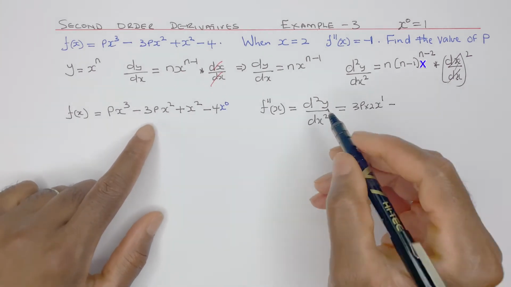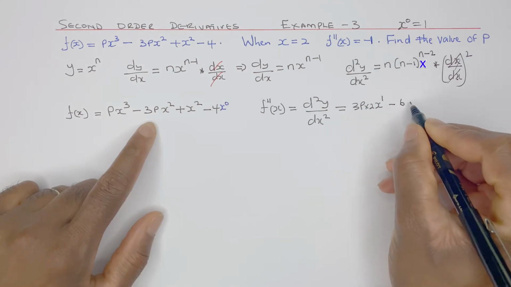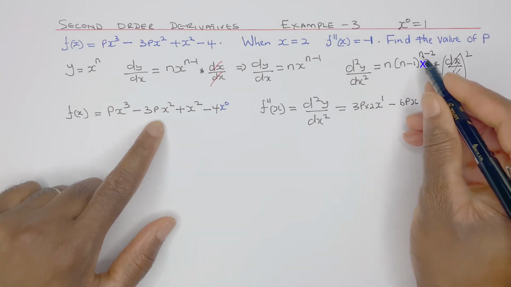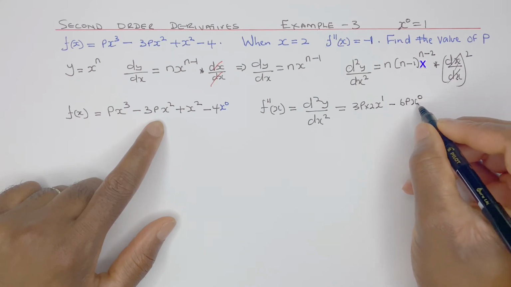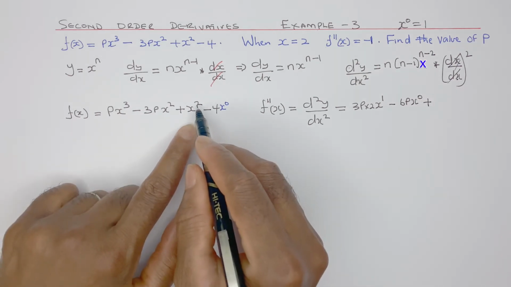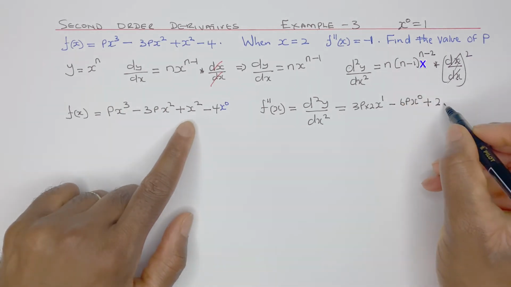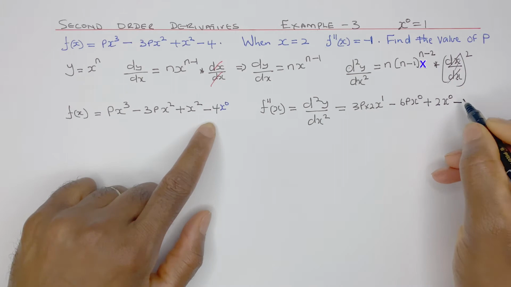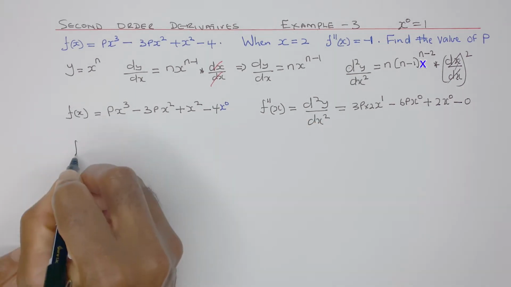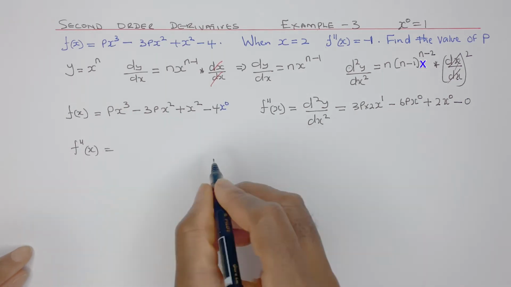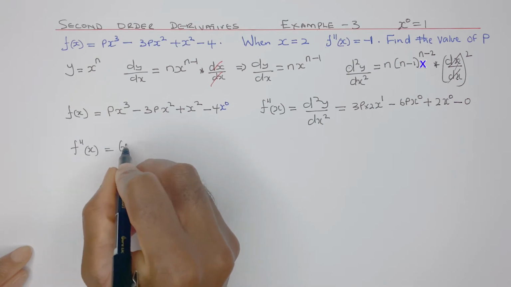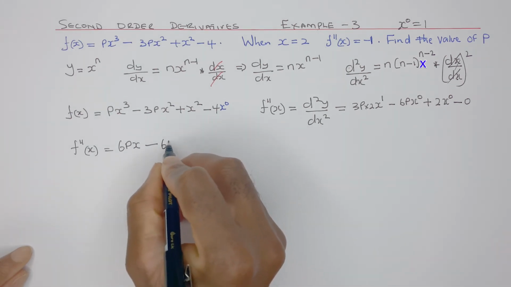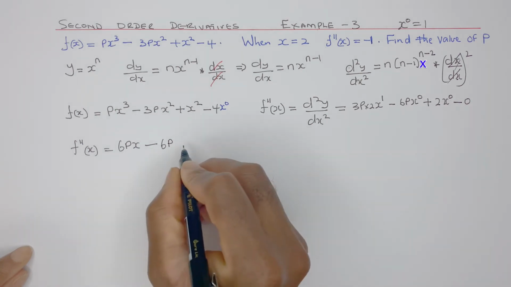So minus 2 times 3p, 6p, then times 1, because 2 minus 1 is 1, x, 2 minus 2 is just x to the power 0, which is 1, plus, second one is 2 times 1, that's just 2, then times 1, then x, 2 minus 2, that's just 0, minus 4 times 0, that's just 0, that's gone. f''(x) will be equal to 2 times 3, so that's 6p x, minus x to the power 0 is 1. 1 times 6p is 6p, plus x to the power 0 is 1. 1 times 2 is 2.